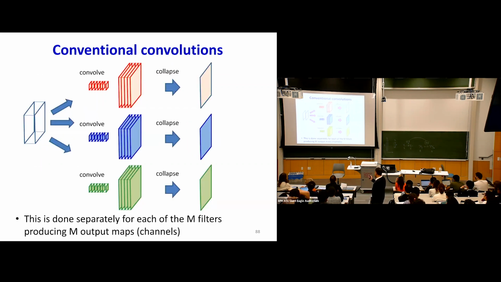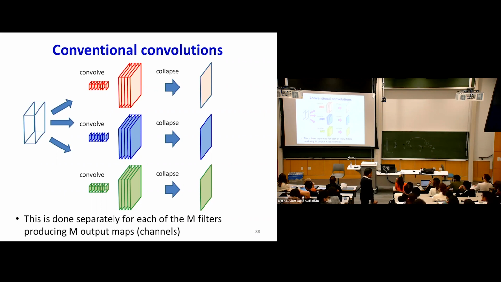Now, if I have a whole bunch of filters, then every filter has its own collection of channels. So in order to compute any particular output channel, you're going to convolve every input channel with the corresponding channel of that filter. So you're going to get a bunch of output channels, and you're going to add the whole lot up to get the final output for that filter, right?